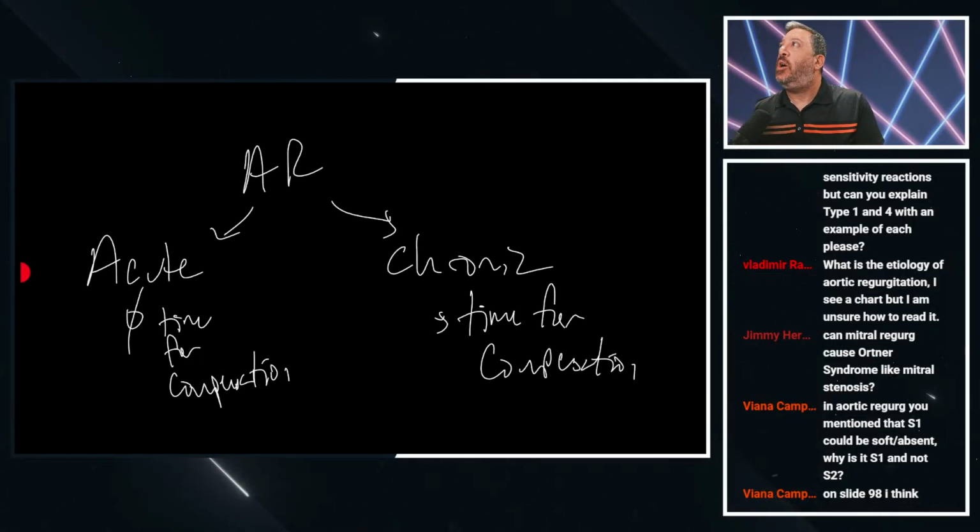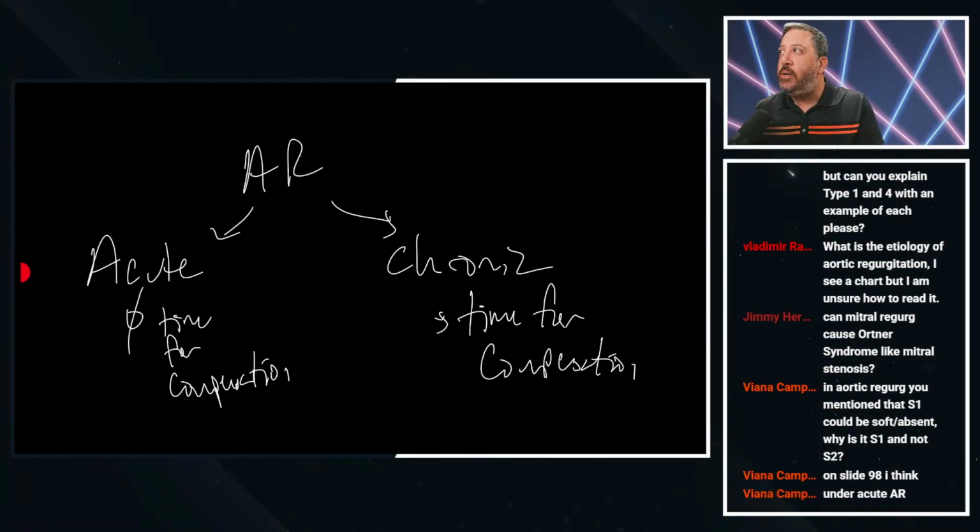So 98 is all the causes for aortic regurg, under acute AR.